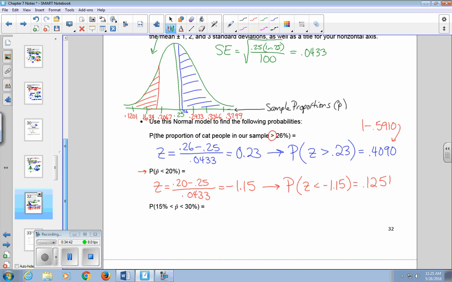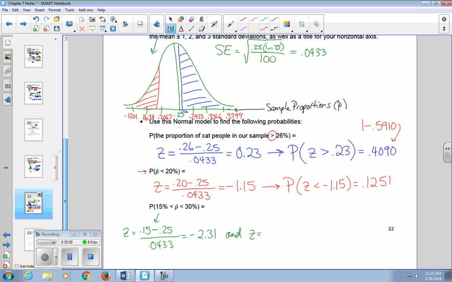And then the last one here, we want to know what's the probability that we get a sample proportion between 15 and 30%. So now we're going to need two z-scores here. So our first z-score is 0.15 minus 0.25 over 0.0433. We can double check this, but you should get a z-score of negative 2.31.